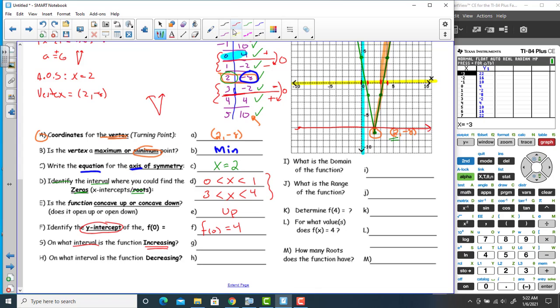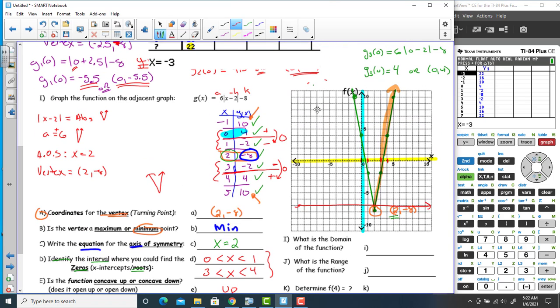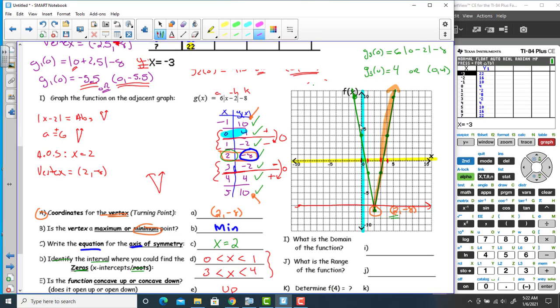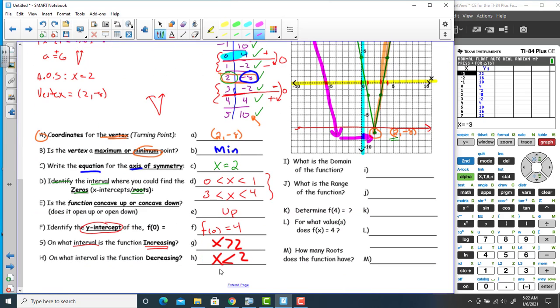The way that we say that mathematically is all values of x that are greater than 2, which must mean that it was decreasing for all values of x that were less than 2. As our eye reads this graph from the past into the future, we should have noticed that it was going down up to the vertex, up to time 2. So for all values of x less than 2, the relationship was decreasing.